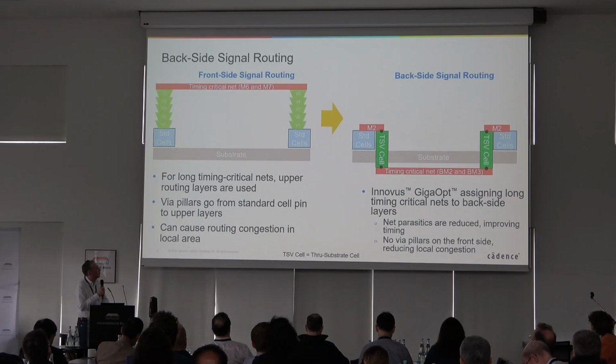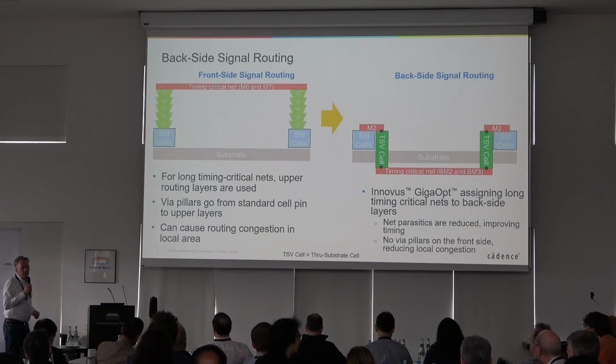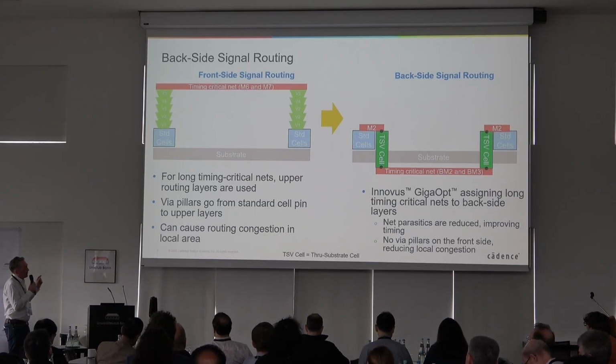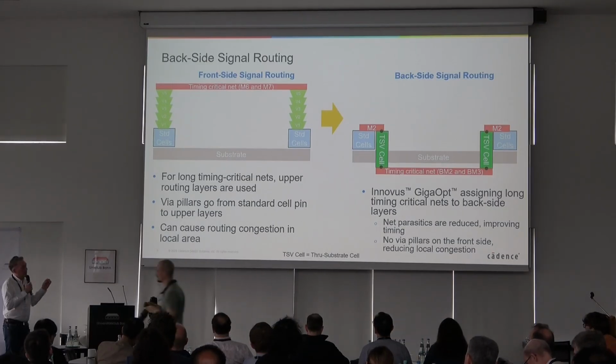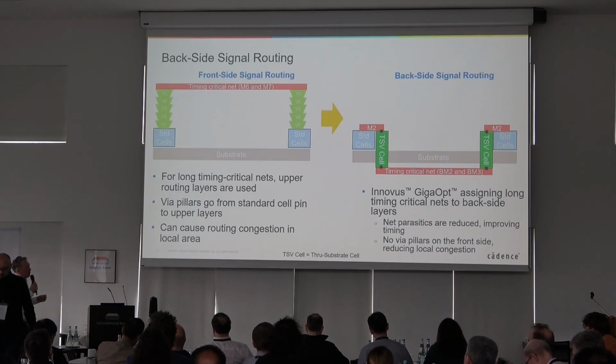I mean, this is still very much a work in progress. What you can see is that you've got your time critical nets on the backside. The standard cells are still on the front side. I don't think there's any particular reason why you couldn't apply that to cells which are clock gated.